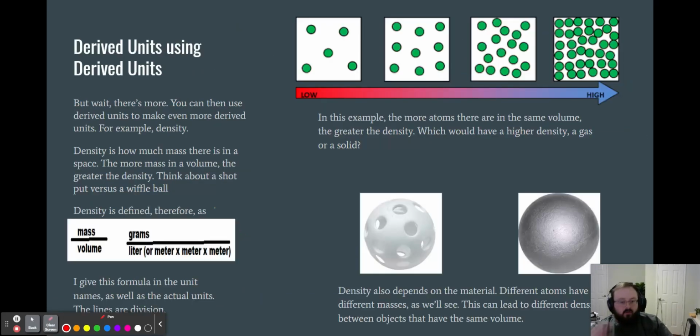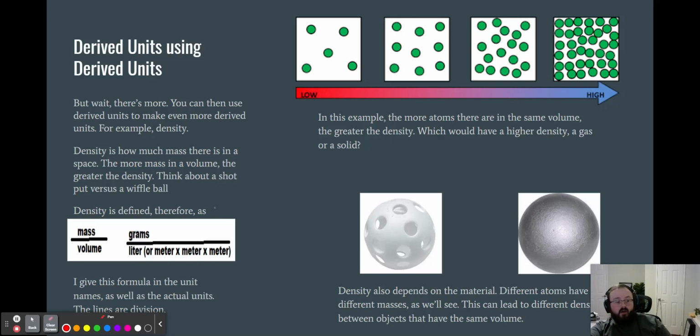All right, so you can then create derived units using derived units. Density is an example of a derived unit that uses other derived units. Density is how much mass there is in a space. So how much matter is in a specific amount of space. This would be how much matter per unit of space.